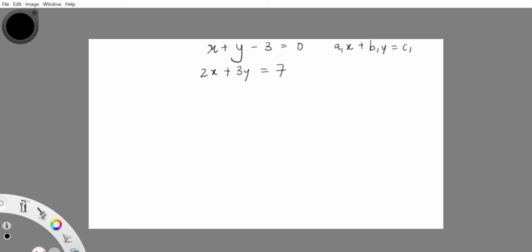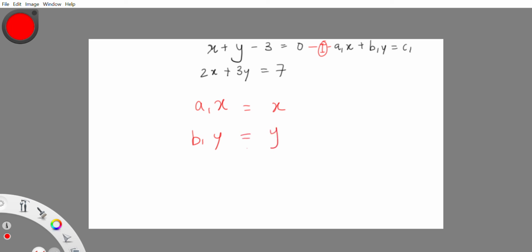Now this is very important to pay attention to. As you can see, this is our first equation. We have a1x equal to x, and we have b1y equal to y.